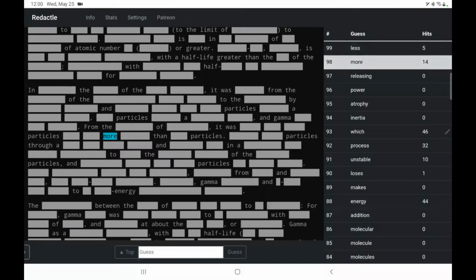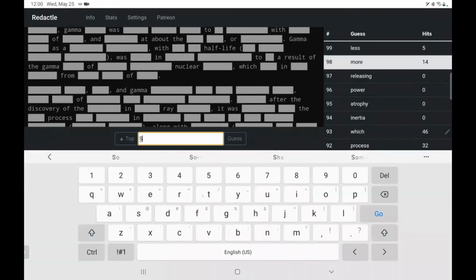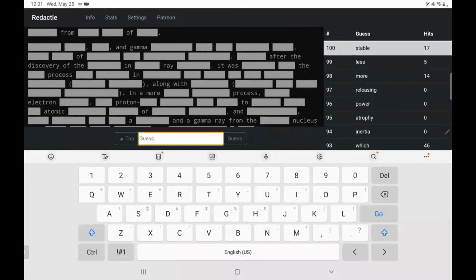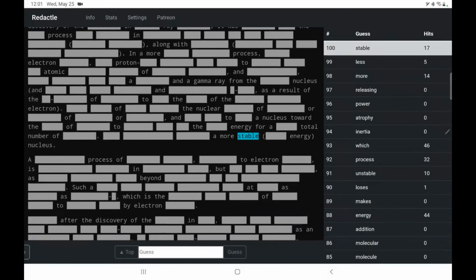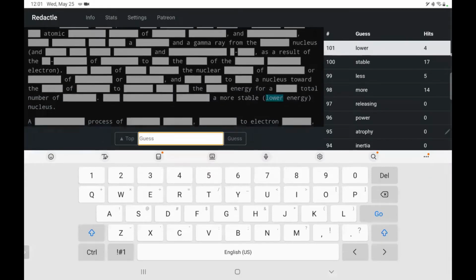Again, we've got our particles in a more something something process. Well, we did unstable. Let's try stable. 17 stables to the limit of something. A more stable, I would think lower energy. Let's try. Yes, more stable, lower energy nucleus.